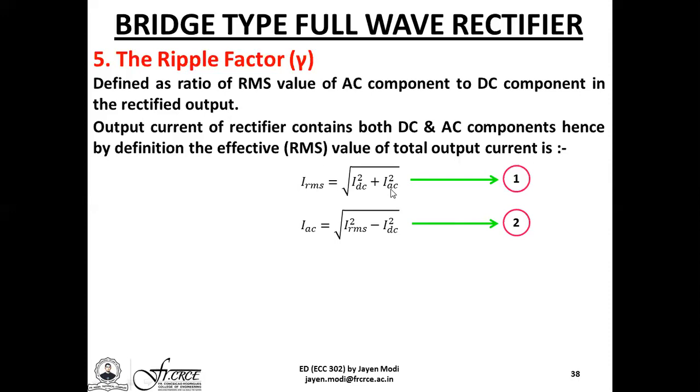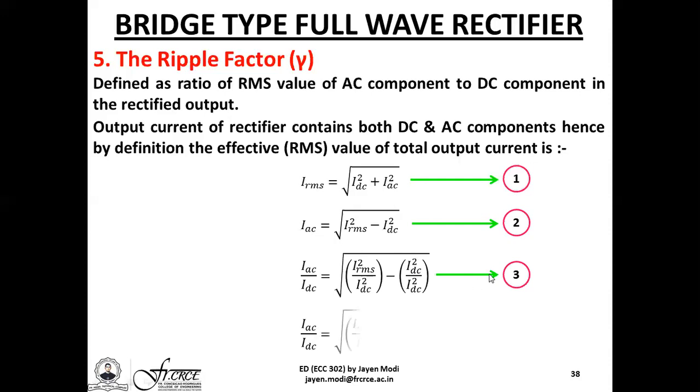If we divide by IDC throughout the equation, the left hand side becomes IAC upon IDC, and we will be taking 1 upon IDC into the square root sign, which gives us IRMS square upon IDC square minus IDC square upon IDC square. Equation number 3 simplifies further down to IAC upon IDC is equal to square root of IRMS upon IDC, the whole term square, minus 1.